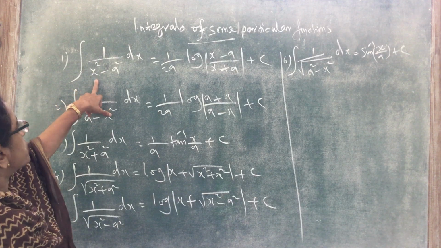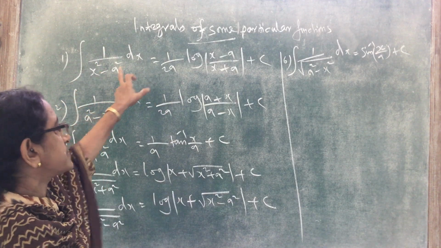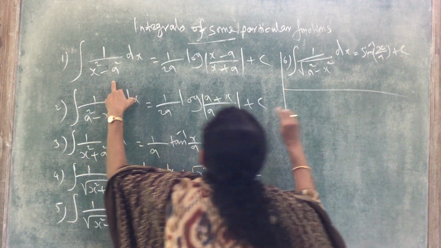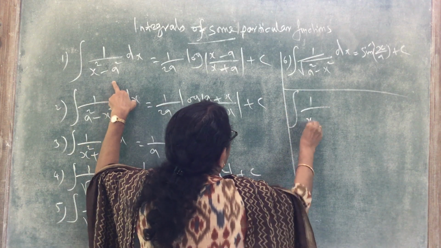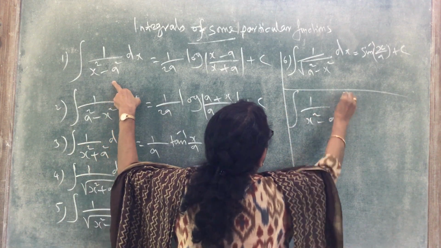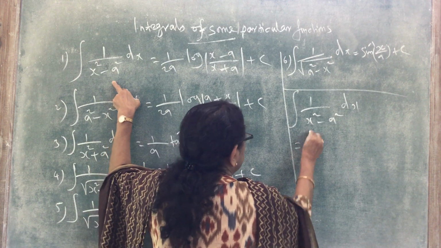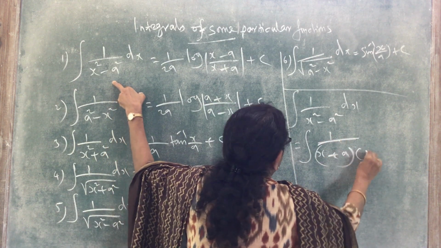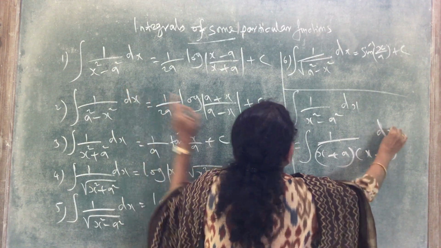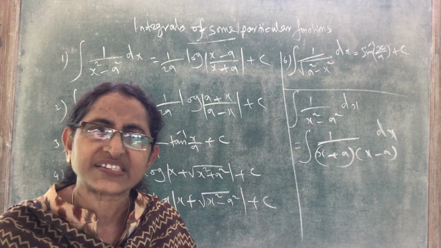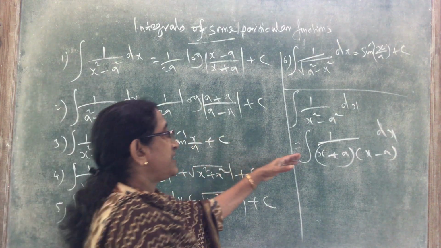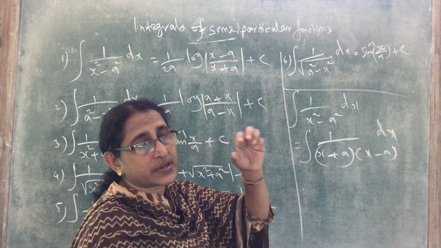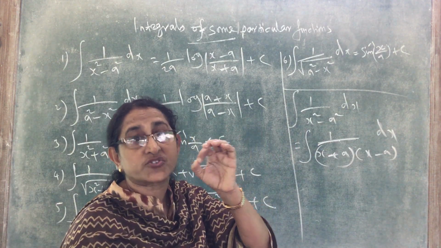See the first one, integral 1 by x square minus a square dx. That is the same as integral 1 by x plus a into x minus a dx, since x square minus a square is the same as x plus a into x minus a. Then in the numerator we multiply and divide by 2a.